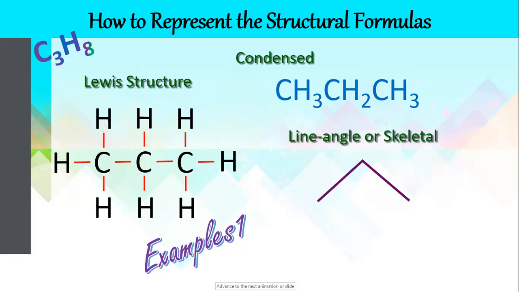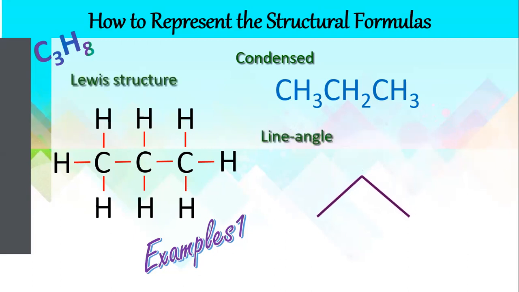So that means we have 1, 2, and 3 carbon atoms and 2 bonds between them. We're not going to show any hydrogens. We're going to simply assume that they are there, and it looks like this.